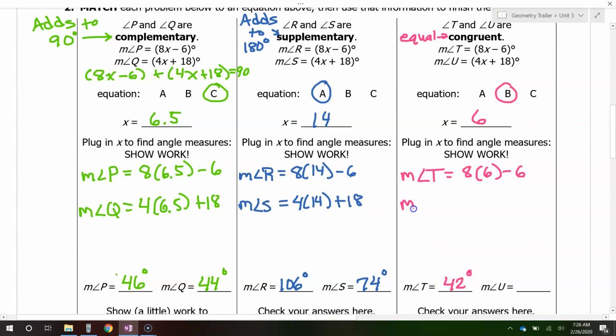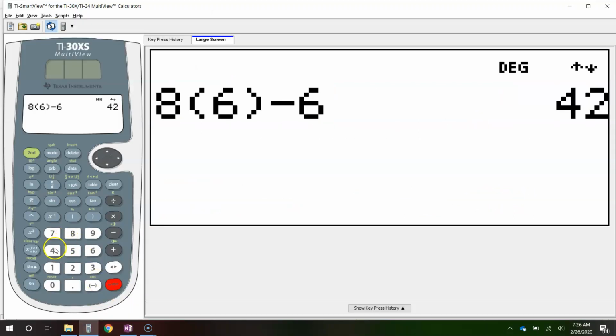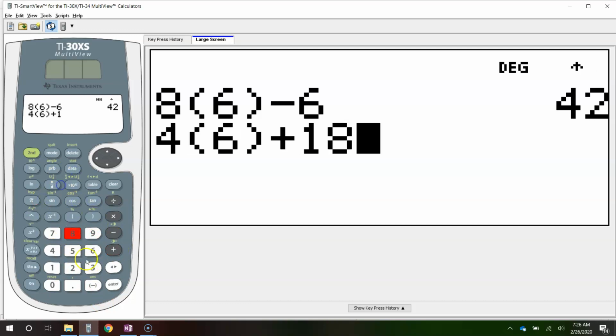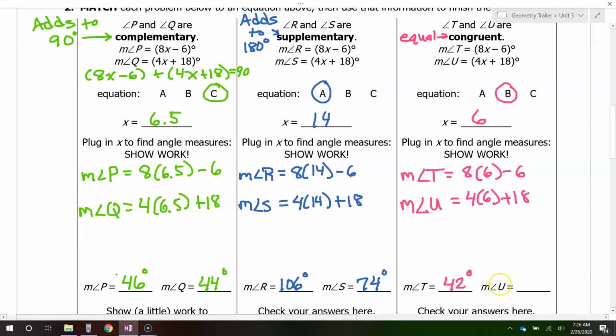And now let's find the measure of angle U. The measure of angle U. So that's going to be 4x plus 18. So that's going to be 4 times 6 plus 18. And that is also 42.